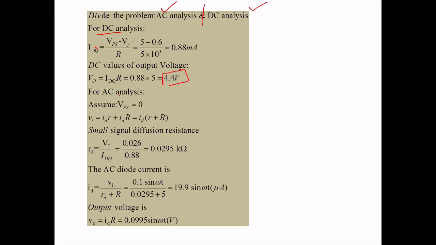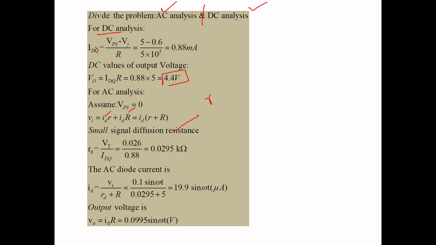Then you need to calculate the AC analysis. For AC analysis, consider your DC input as 0. For the small signal equivalent circuit, applying KVL, I have got the equation VA equal to ID times r plus ID times capital R. Taking ID common, you have r plus capital R. Here I need to find the small signal diffusion resistance.